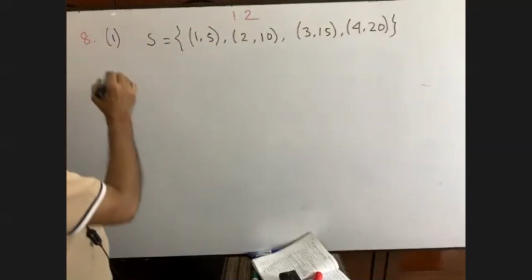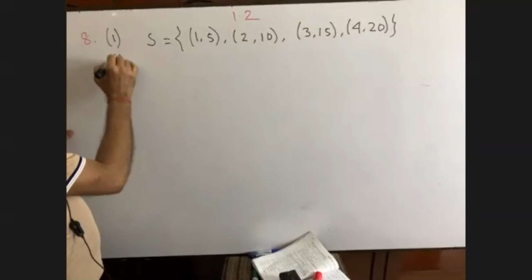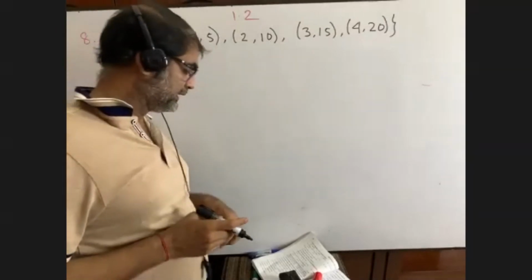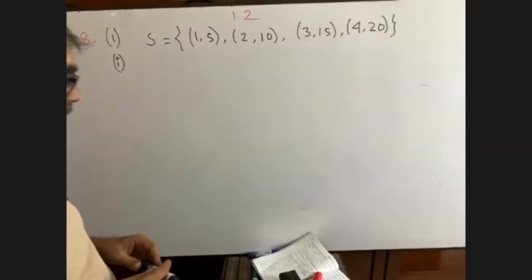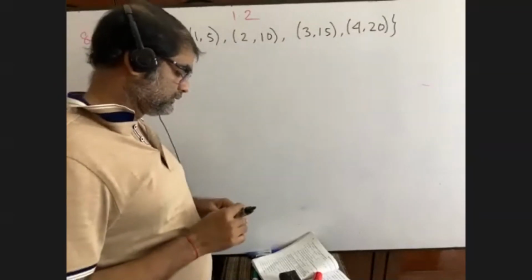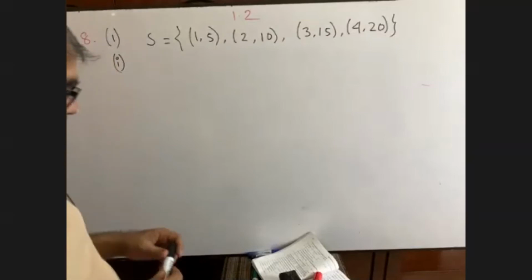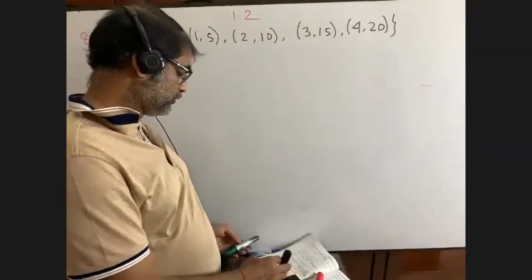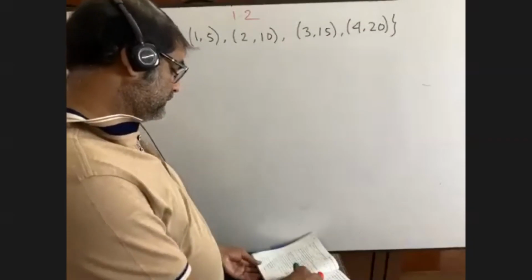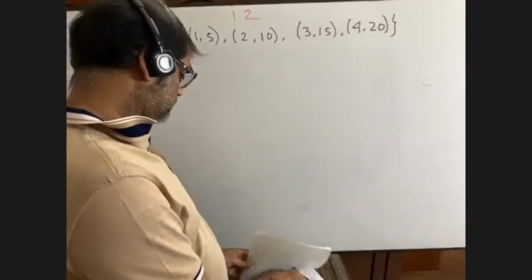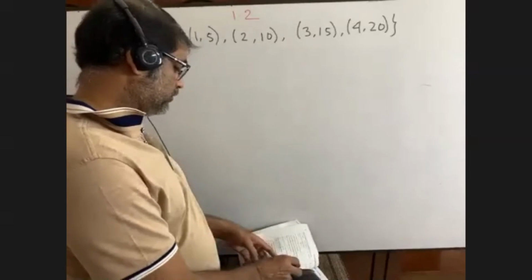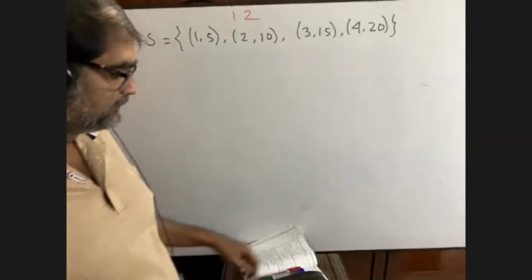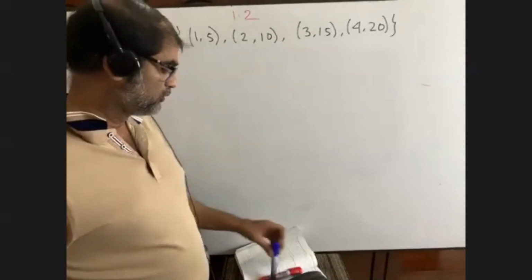Question number 1. You see, at first, find the domain, range, and inverse relation of the given relation. What I told you for domain, what was told? Can you please tell me? Question number 1, what is told here?